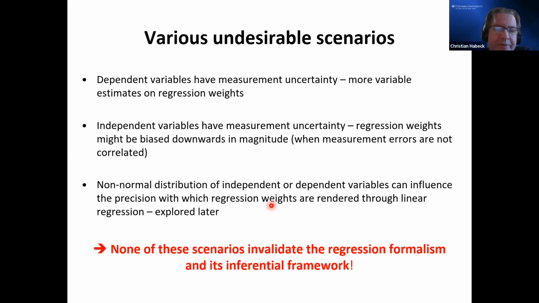That's a given. If the independent variables have measurement uncertainty, and sometimes they do, sometimes they don't, right? If you have fixed task designs in psychology, for instance, there is no error, but if there's error on the independent variables, then you have a downward bias, right?